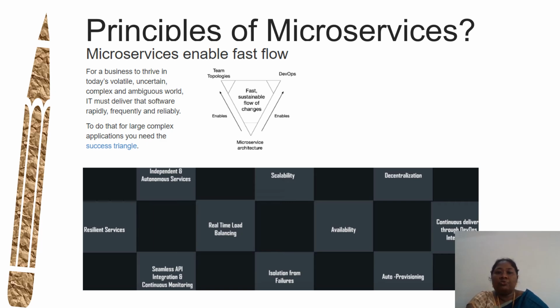So for a business to thrive in today's volatile, uncertain, ambiguous world, IT must deliver the software rapidly, frequently, and reliably, based on the customer needs. For a business application, in a particular scenario, based on the current situation, you may have identified a particular direction of flow of data through your software.